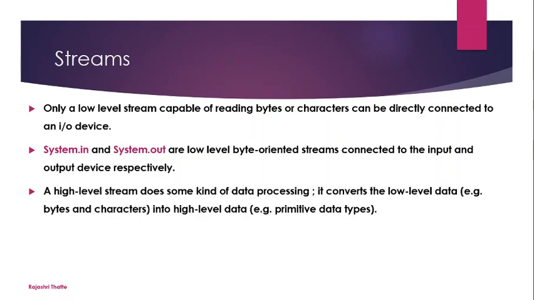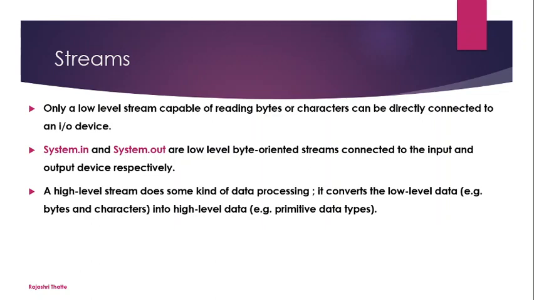A high level stream does some kind of data processing. As we know, if we want data, definitely the data will come from an input device. But we all know that our computer is an electronic device. Whatever data comes from an input device will be in the form of ones and zeros.